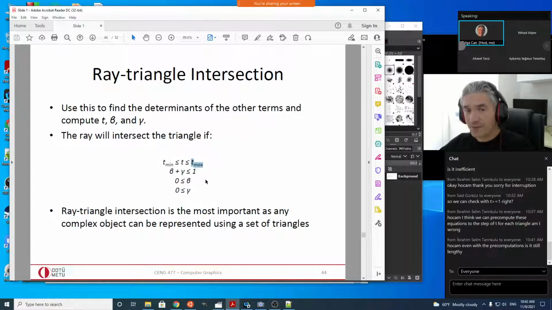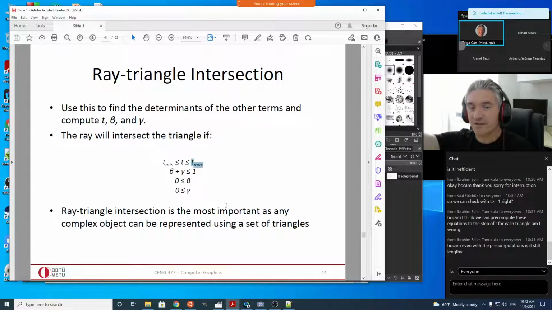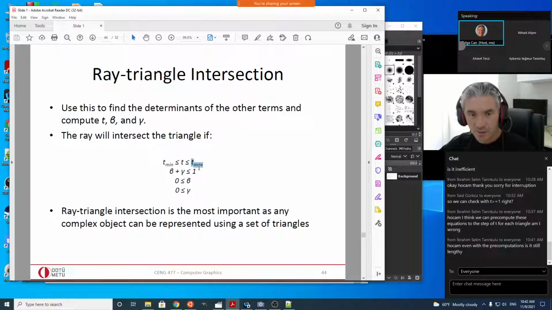In some computer graphics applications, we may just limit our view to some largest distance that we can see. Sometimes this is called the far plane, or the farthest distance that you can see, but this may be some very large value that you don't need to check at all. And we check whether they are greater than or equal to 0 and their sum is less than 1.